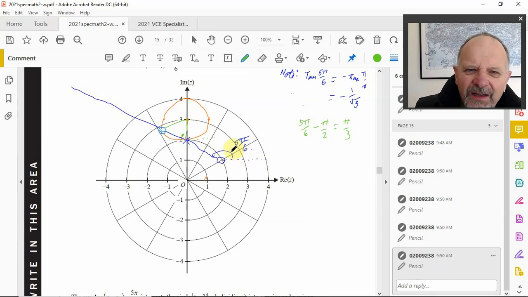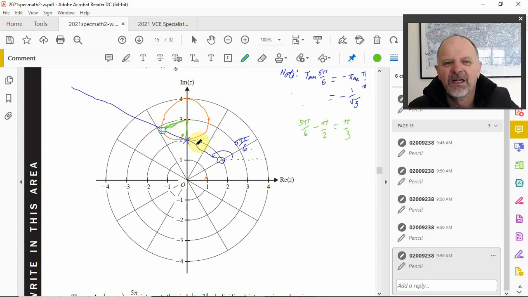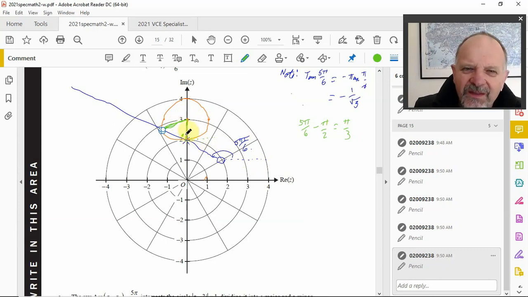All right, now that's very interesting, because if that's pi on 3, now that's a radius of the circle, so is that a radius of the circle. And so this triangle then is an equilateral triangle, this one here.